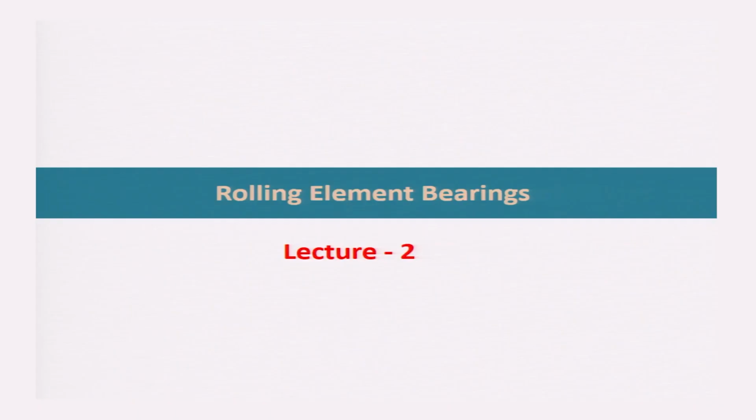So, welcome to the second lecture of the module on rolling element bearing. In this lecture, we will study the selection design methodology. That means how to choose the best rolling element bearing for a particular application.